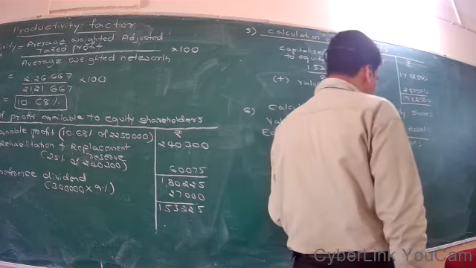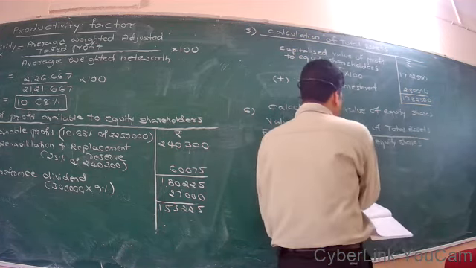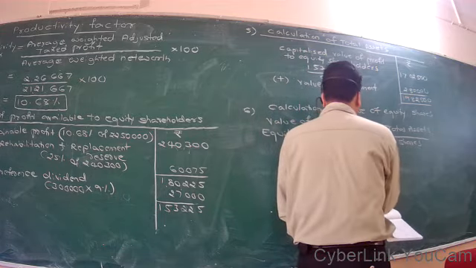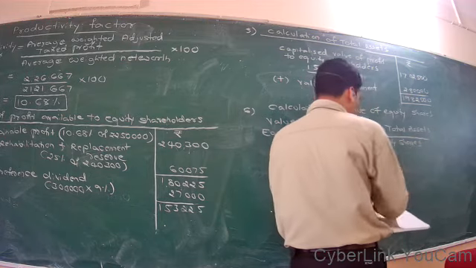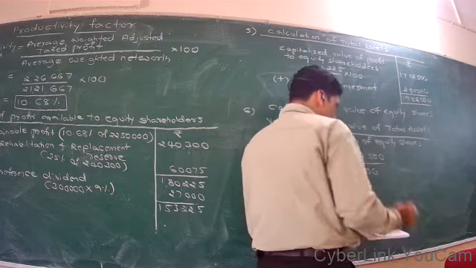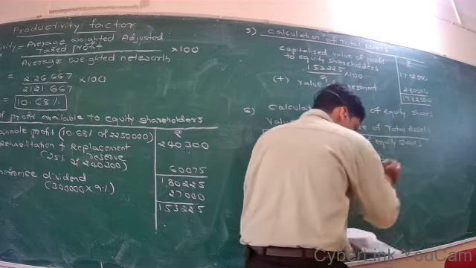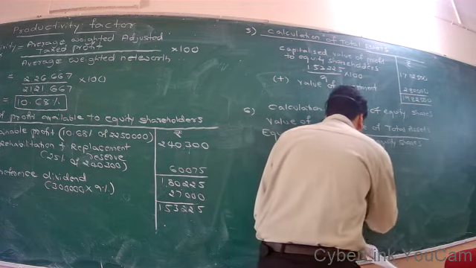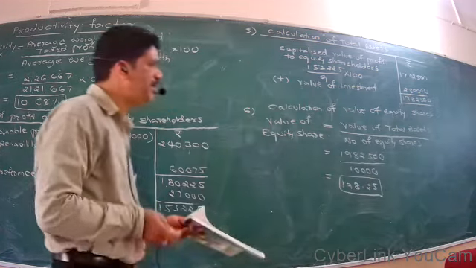So here the total value of assets is 19,82,500. So divided by the total number of equity shares is 10,000. So divide it. So it is 198.25 will be the value of equity share as per productivity factor method.